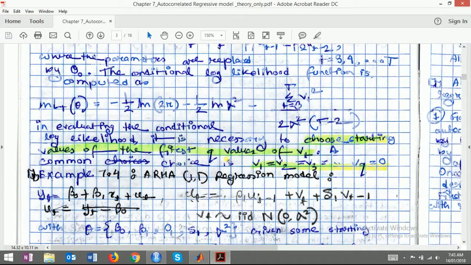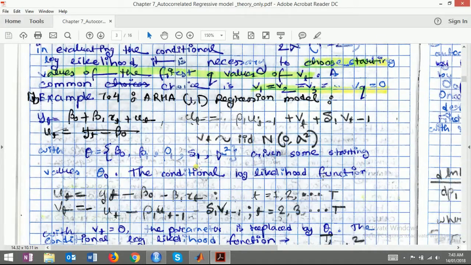Example 7.4, an ARMA 11. Now we're talking about an ARMA 11 model. When we are talking about an AR1 model, we don't have to make the initial values 0. When we are talking about an AR2 model, for the initial values of rho 1 and rho 2, the first two residuals will be 0.